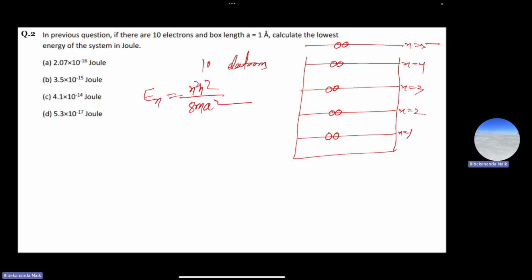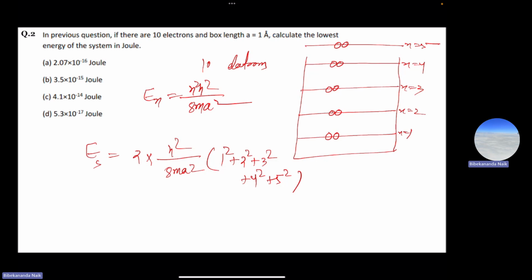So we will add these energies. Since each state has 2 electrons, the total energy will be 2 into h square by 8 m a square, then n will be 1 square plus 2 square plus 3 square plus 4 square plus 5 square. And we have the values also.